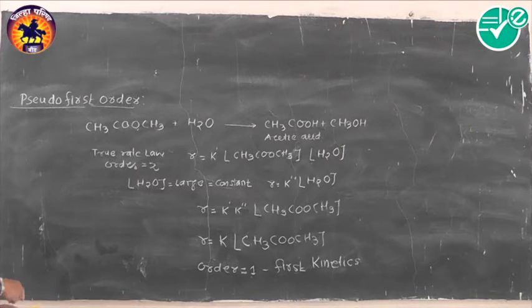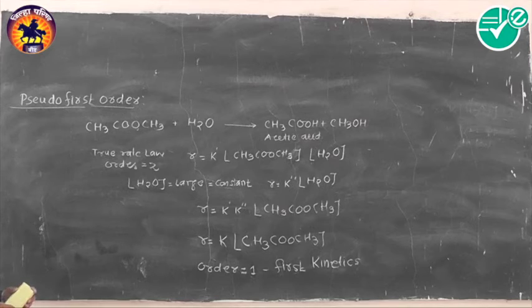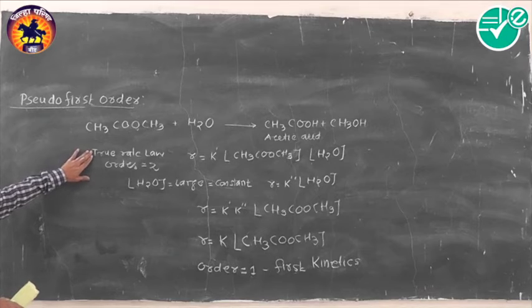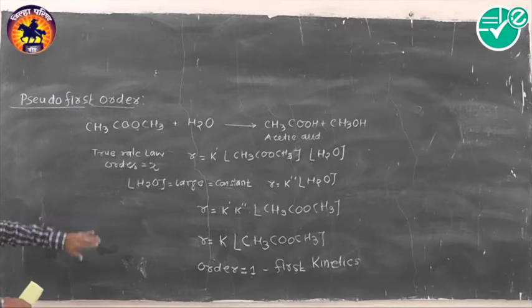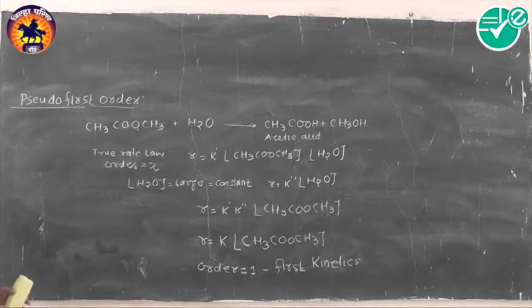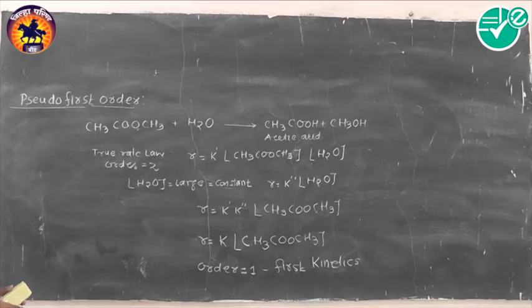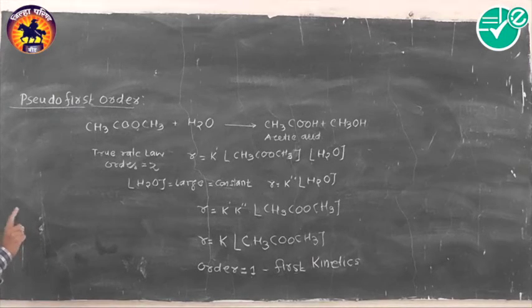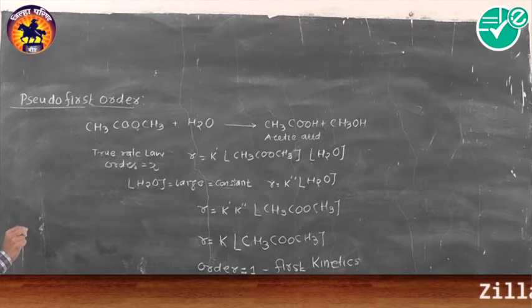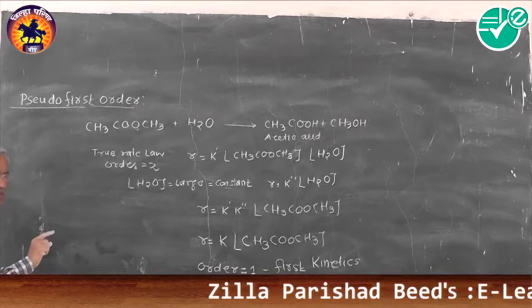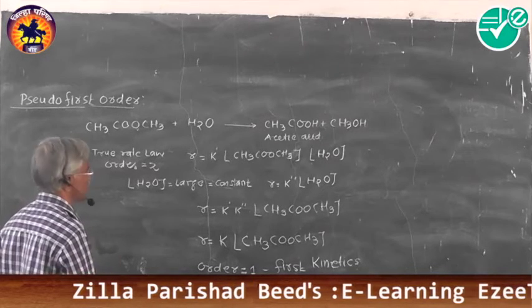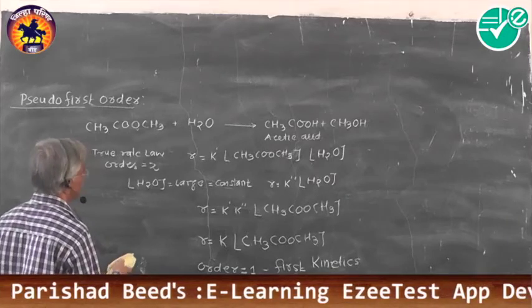Therefore such reactions are called pseudo first order, and they are defined as the reactions whose true rate law indicates a higher order of the reaction, but experimentally it follows first order reaction kinetics. This pseudo first order reaction will follow even the graphical integrated method, the same results as the first order, and therefore is said to be following first order kinetics.